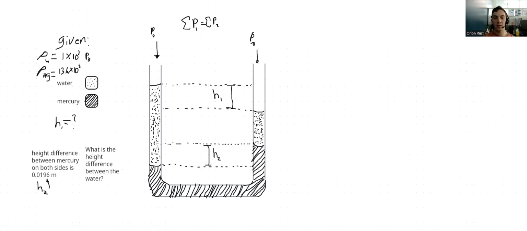In terms of liquids, the pressure is atmospheric pressure, so pressure from the air, plus the density times acceleration due to gravity, and then the height. So it's important that we take into consideration the height and where we're working from.